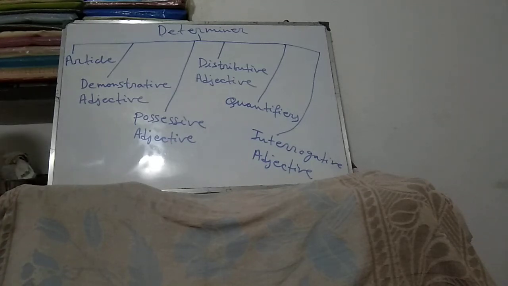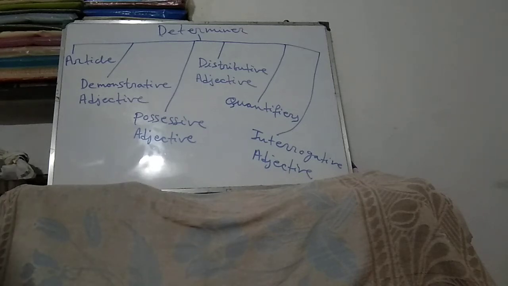Possessive adjective, though it is actually formed from pronoun, but this type of pronoun is always used before a noun.